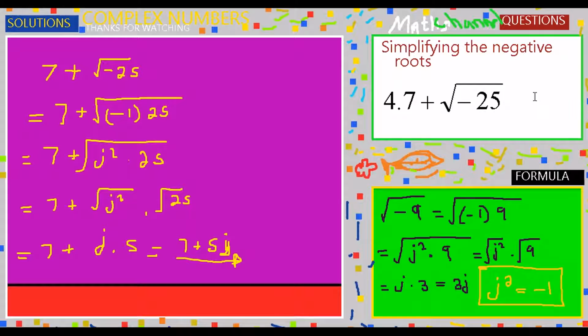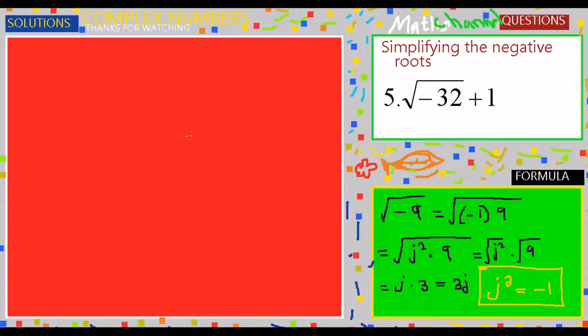Okay, let's see the next or the last one. We are given the square root of negative 32, plus 1.